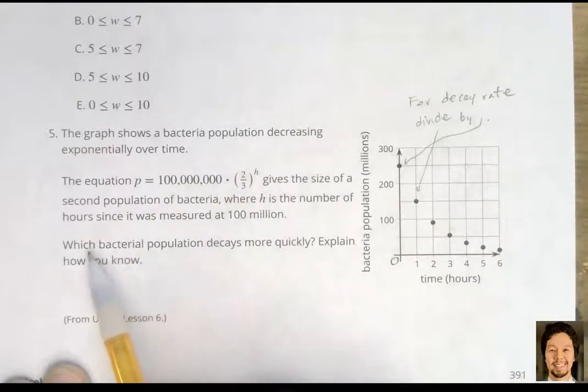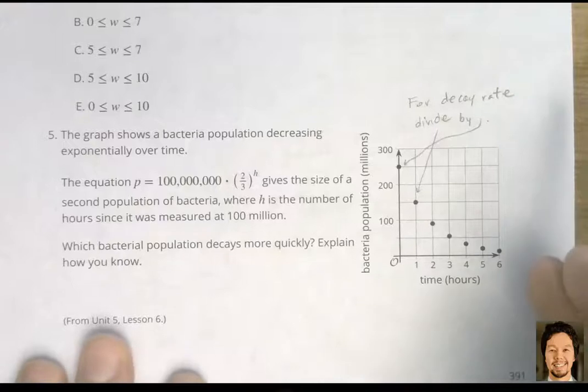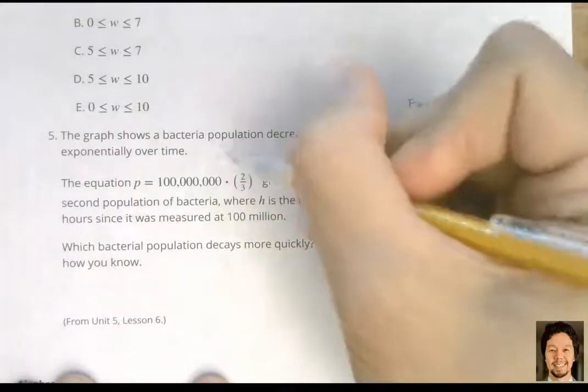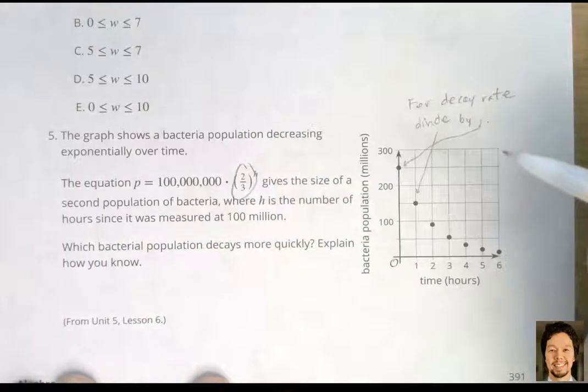and the question is, which bacterial population decays more quickly? Explain how you know. So my hint for you here is you need to figure out the decay rate by looking at the graph. Here they give it to you. It's 2/3.